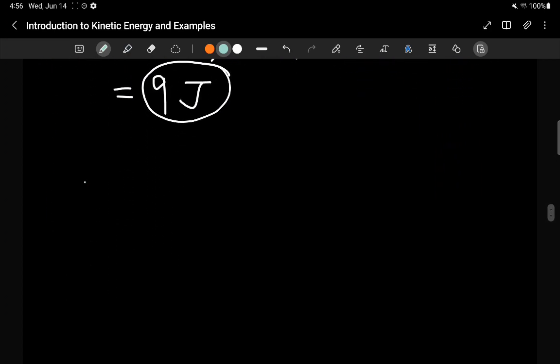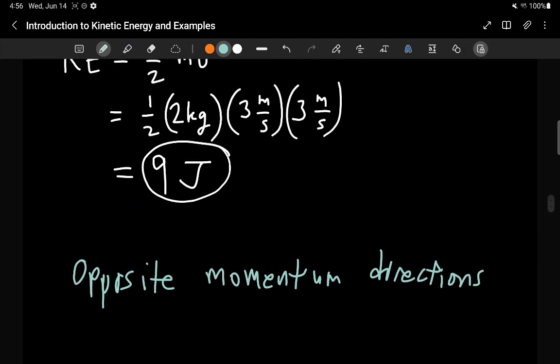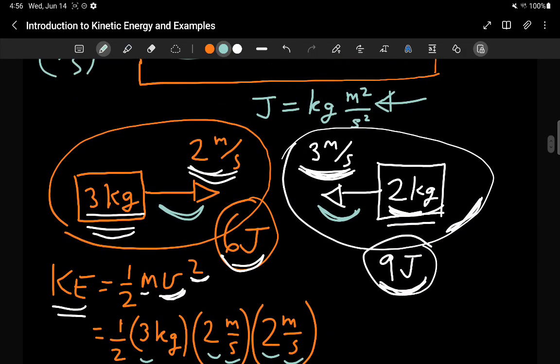So let me write this down. They'll have opposite momentum directions, right? Remember, the direction of the motion is towards the right for the orange object. Direction of motion is towards the left for the white object.